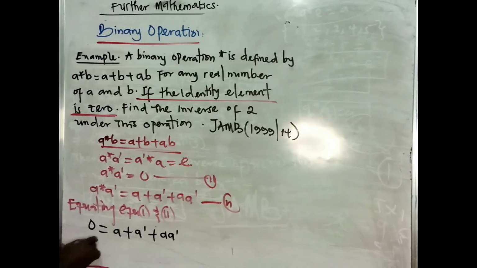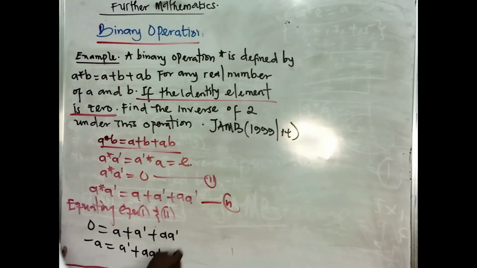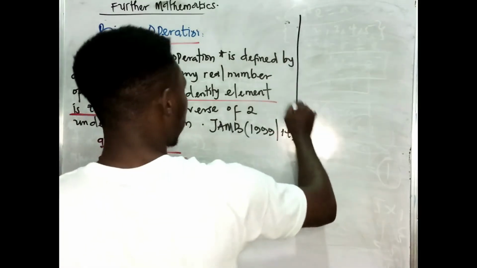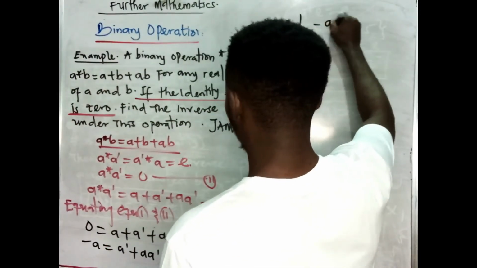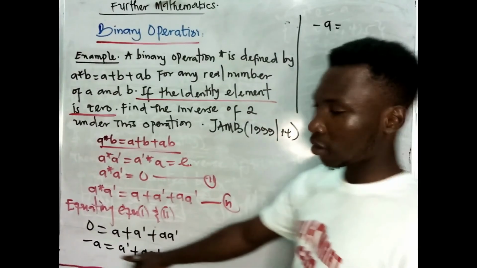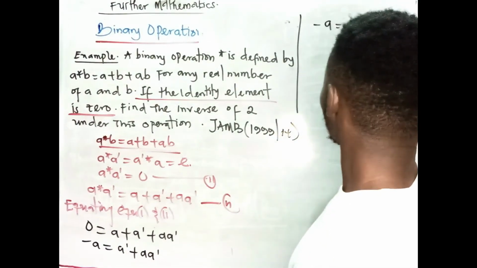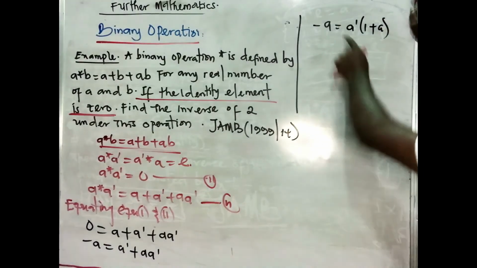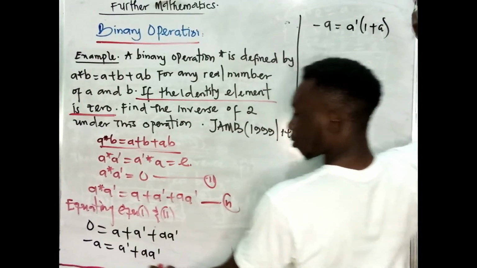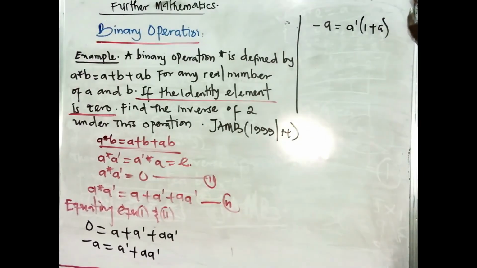So bring this over: minus a is equal to a inverse plus a a inverse. I can factorize at this end to give me a inverse times 1 plus a, so that if I multiply this out, it takes me back to this expression.